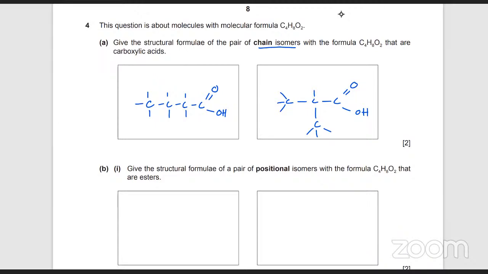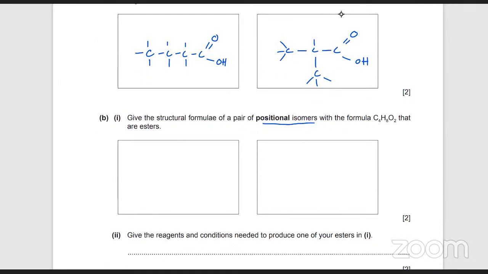Here the next one is give the structural formula of a pair of positional isomers with the formula C4H8O2, where you can only change the position, that are esters. So what is an ester? Ester is a double bond O in the middle of the chain. So I've got 4 carbon atoms. What I can do is I can have 1 carbon atom over here and I can have 3 carbon atoms on the other side. 3 carbon atoms, 2 hydrogens, 3 hydrogens over here.